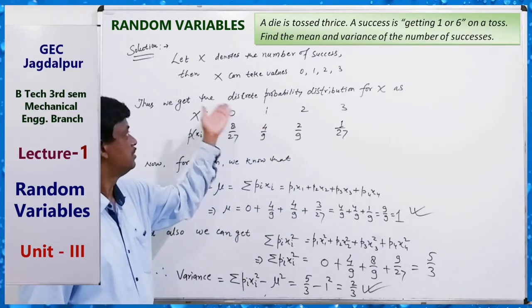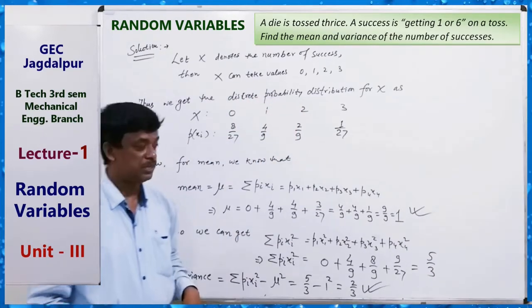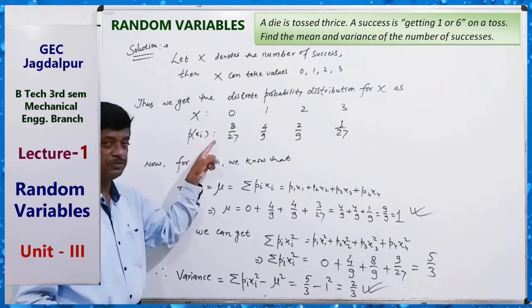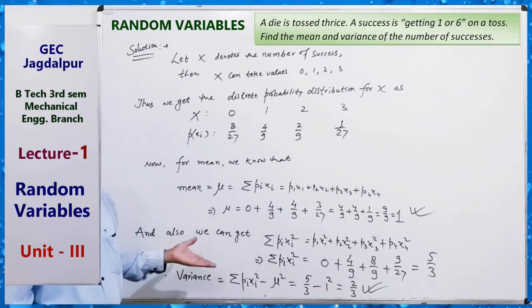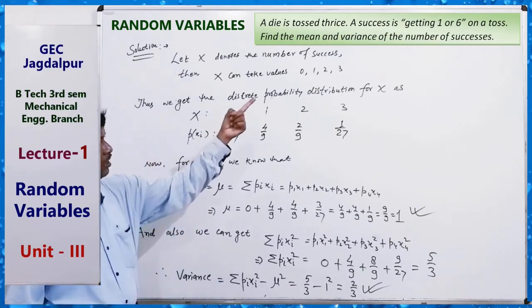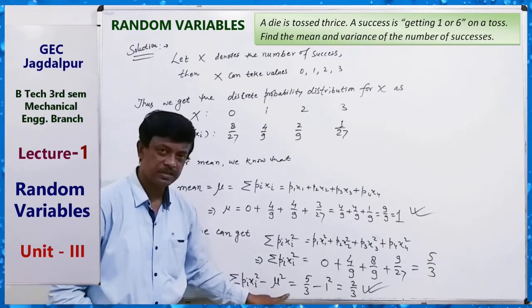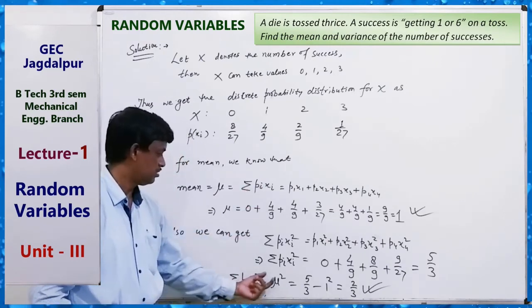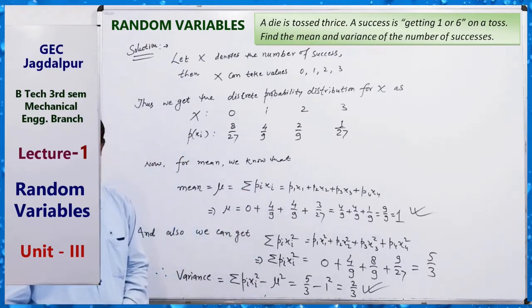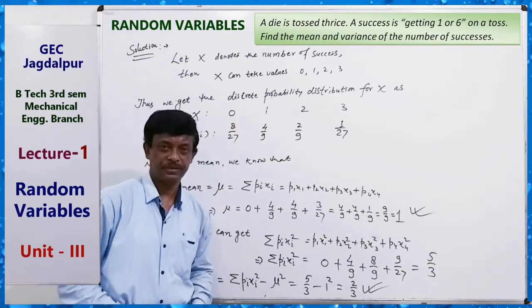Then this is discrete probability distribution for random variable. By using this distribution, we can find mean for random variable. Mean formula is this, variance formula is this, and these are the calculation. Clear? So this is the solution for this question. Okay.